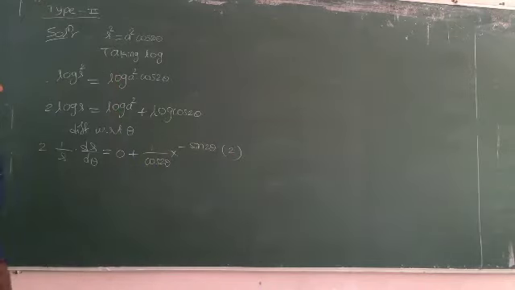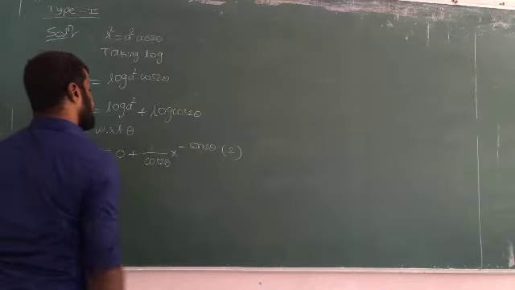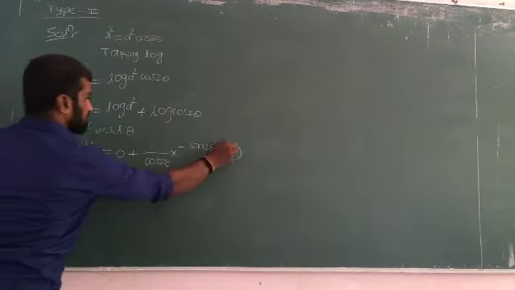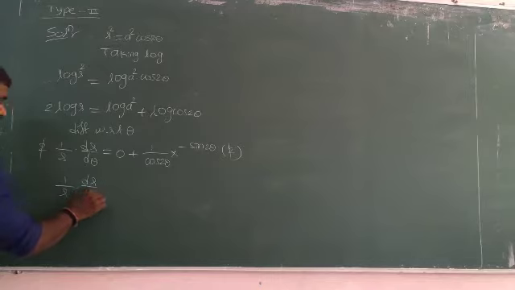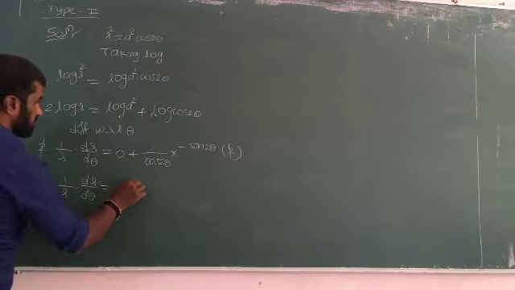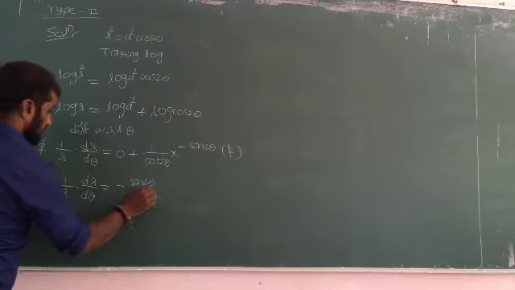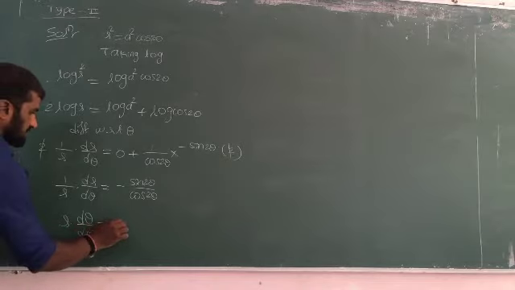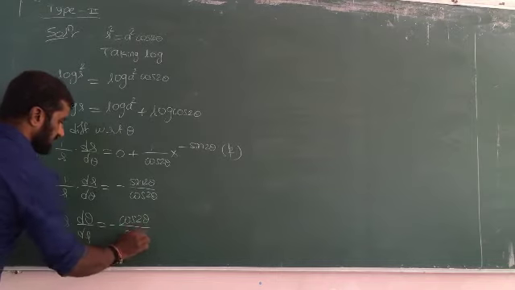The 2 cancels. So 1 by r into dr by d theta is equal to minus sin of 2 theta divided by cos of 2 theta. Reversing this, r into d theta by dr is equal to minus cos of 2 theta divided by sin of 2 theta.